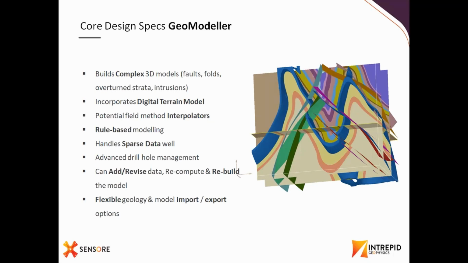Let me give you a brief introduction about the core design specification of GeoModeler. GeoModeler can build complex 3D models, which include faults, folds, overturned strata, intrusions, dikes, and any other information that we want to build. It helps us to incorporate a digital terrain model into the model.